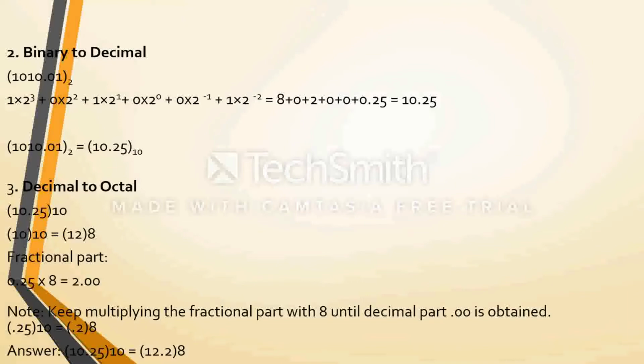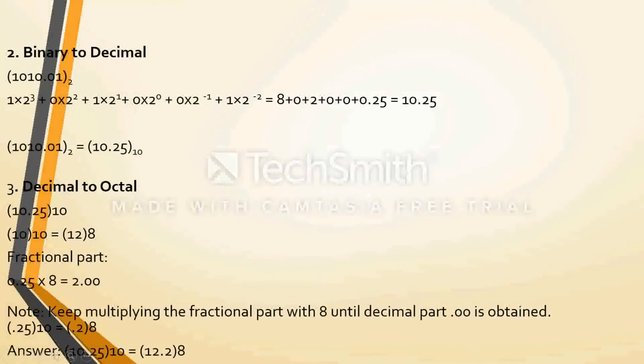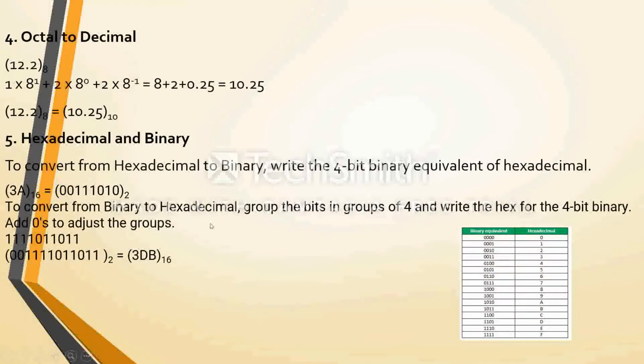So 0.25 multiplied by 8 is 2. Okay. Then after that you have to consider the integer part 10. 10 divided by 8. If you perform that, you are going to get the answer as 12.2. Then let us take one more example, how to convert octal to decimal.